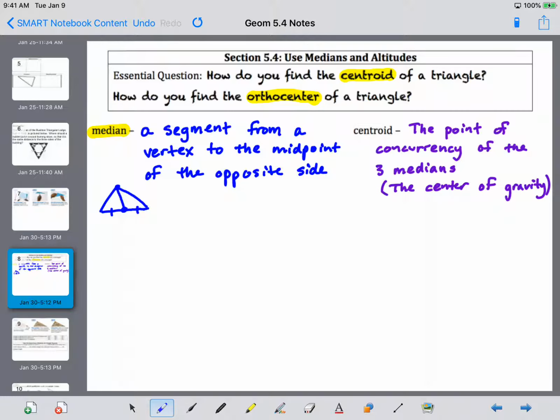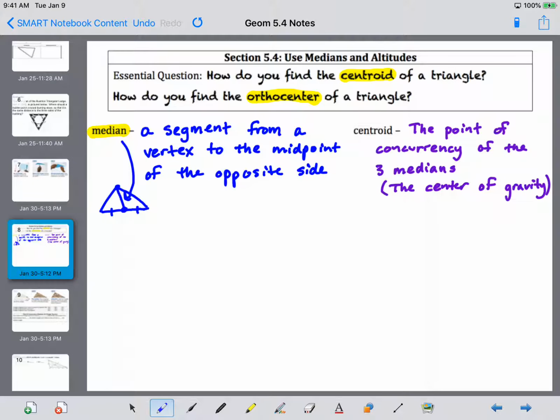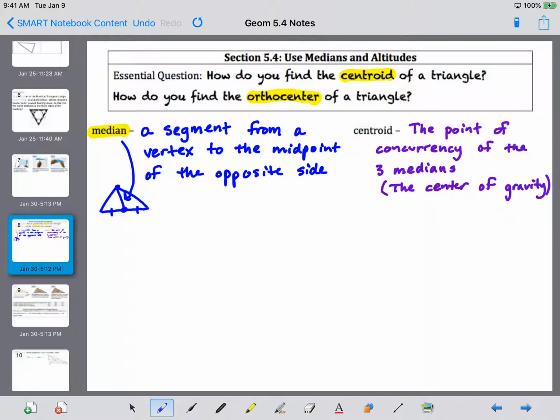If you draw in all three medians in a triangle, it turns out that they meet at a point called the centroid.